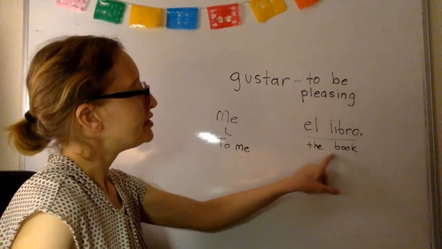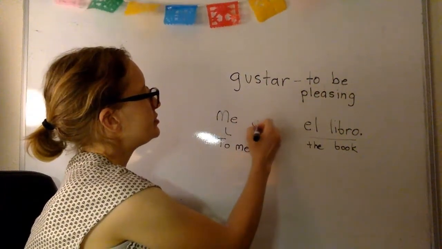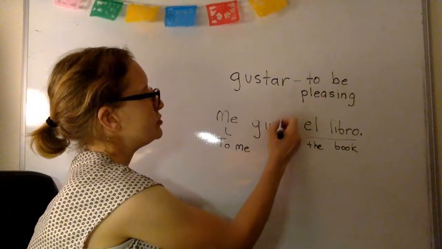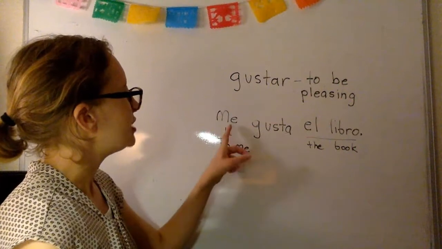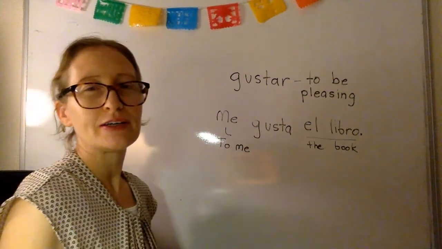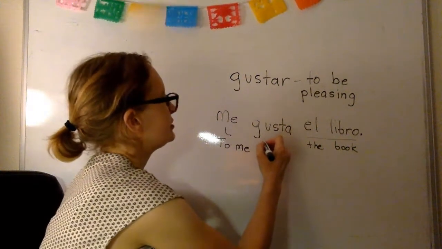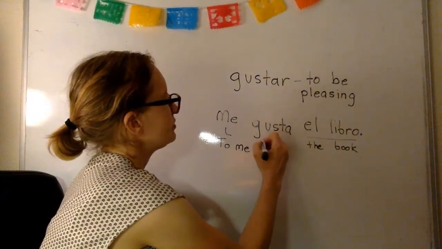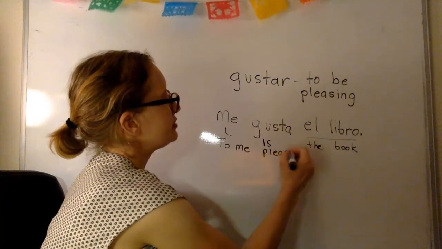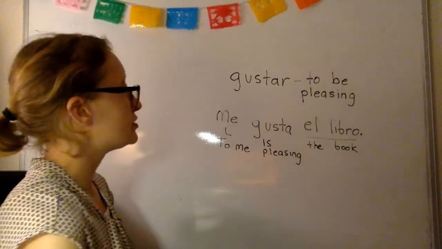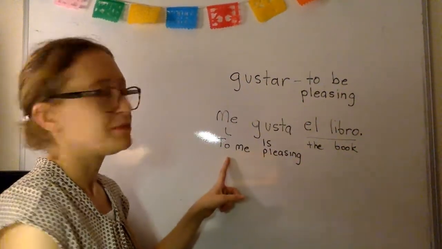So the book is going to be the subject, and so gustar has to become gusta. Now students are often tempted to say me gusto, which is incorrect for reasons that I will explain in just a few seconds. But literally what you're saying when you say me gusta el libro is the book is pleasing to me.